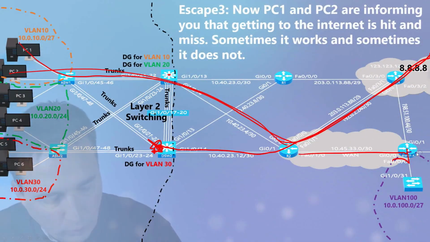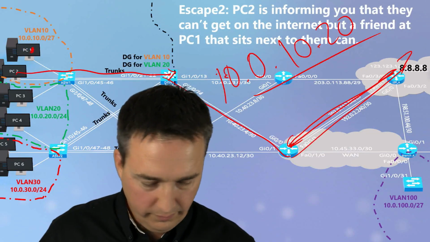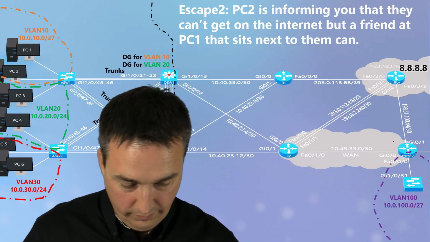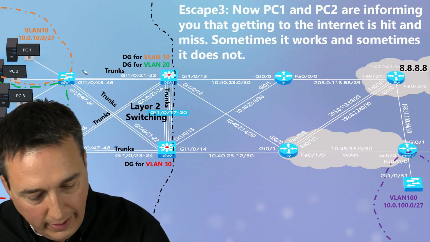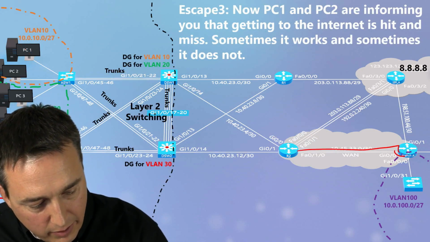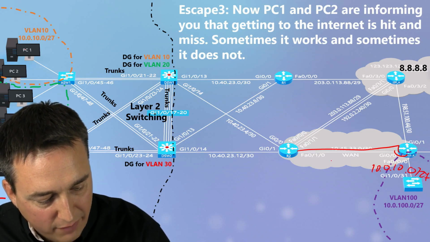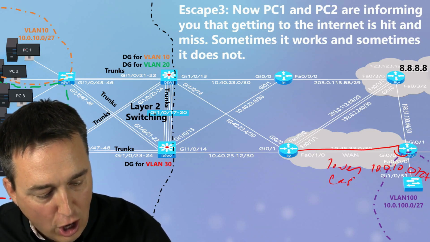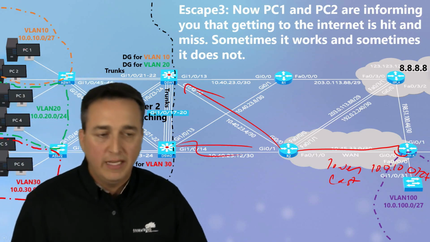So our path going this way to 10.0.10.0/27 had a lower cost than going this way. That's what it ended up being based on the environment.